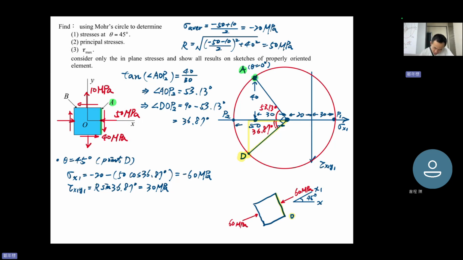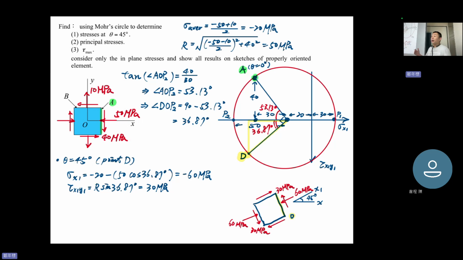So your positive value will be here. It's 30 MPa. Of course, all the shear come in pair, and they all are the same value, 30 MPa.